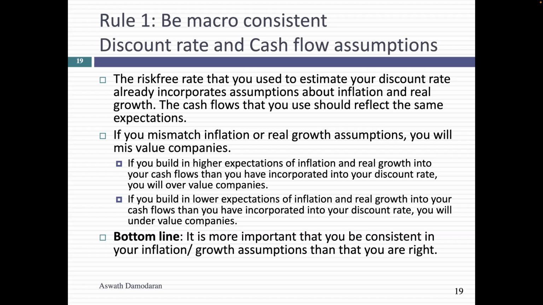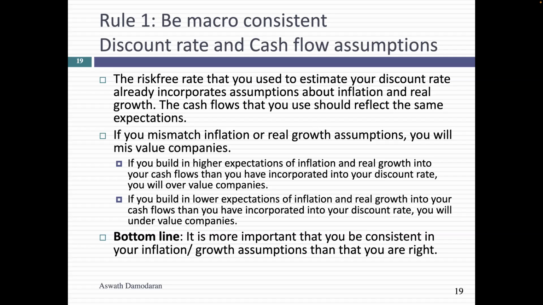If you've decided that 6 to 7% is going to be steady state in inflation, your T-bond rate has to be maybe 6 to 7% plus 1% more. You cannot use a 4% T-bond rate and build in 6% inflation into your cash flows because you're going to overvalue companies. So when you expect inflation to be higher, it'll show up as a higher T-bond rate.